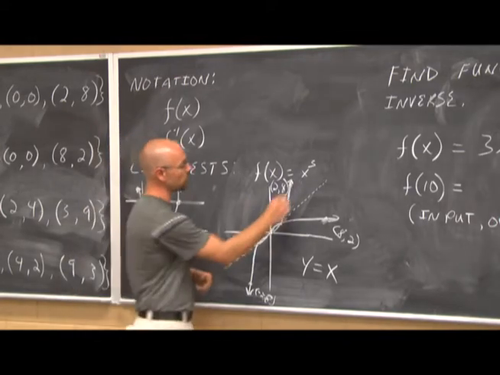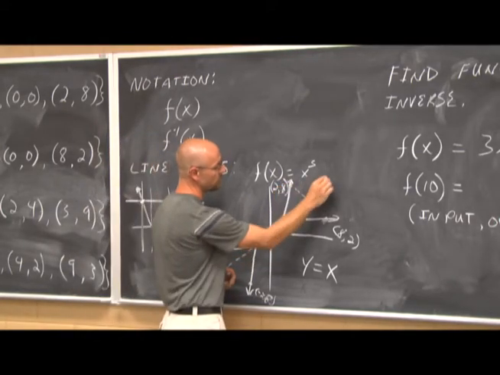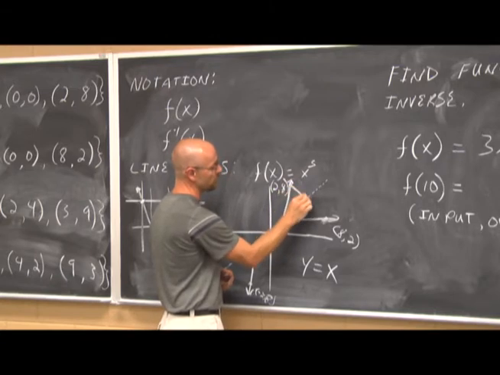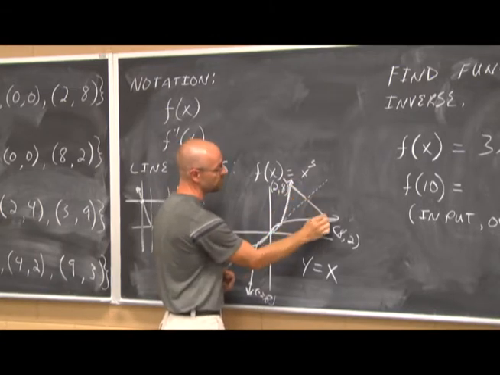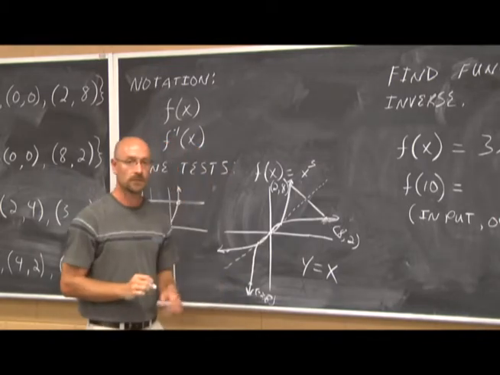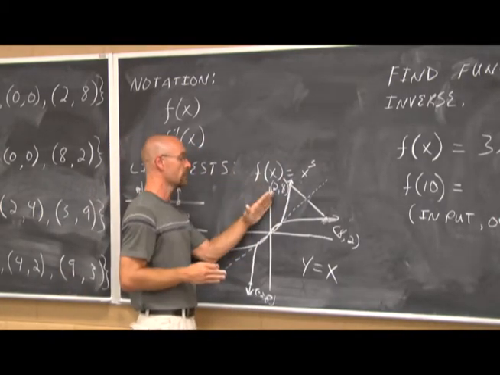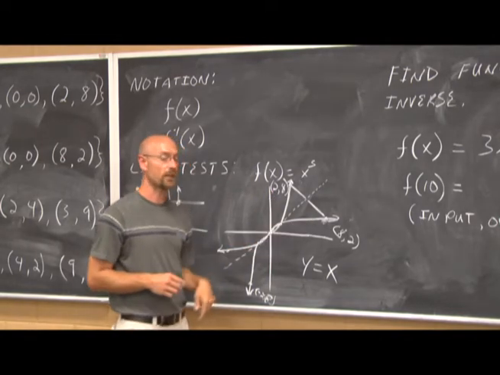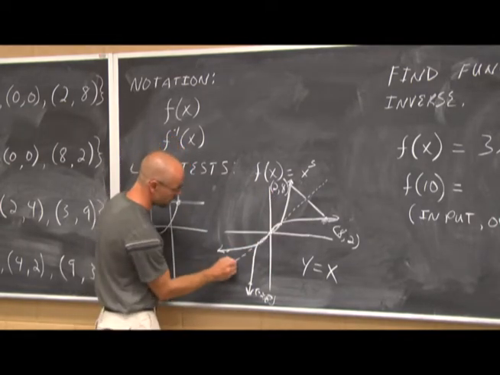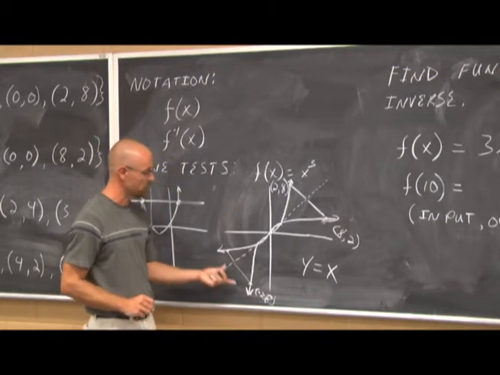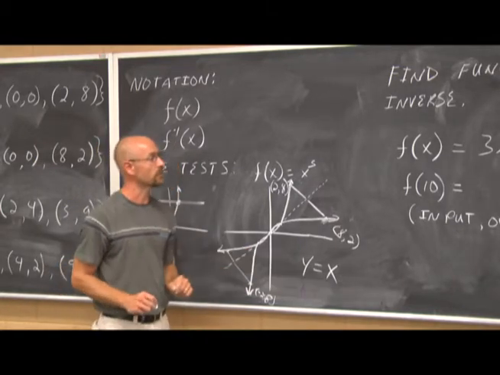If this was a mirror, the distance from this point to that line is equal to the distance from this point to that line. They're equal distances. So if I look in the mirror, I'm going to see its reflection. Same thing here. I apologize for not being to scale, but this would be equal distances from the line y equals x.